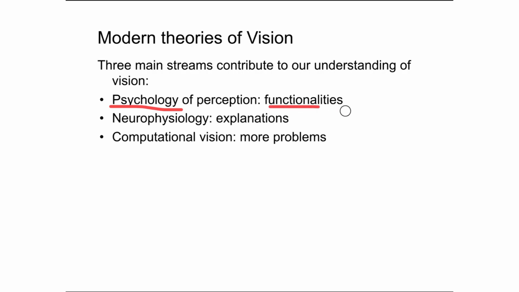The second one is neurophysiology, a discipline that intends to explain how we see, or how sight is created. And the third one is computational vision, which is more about the representation of the vision system in general.